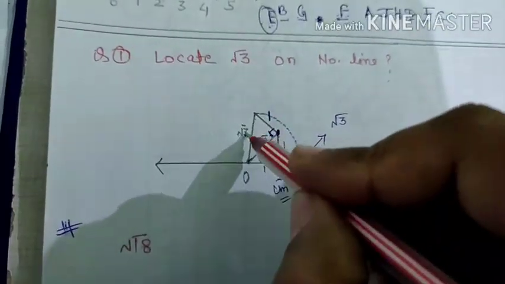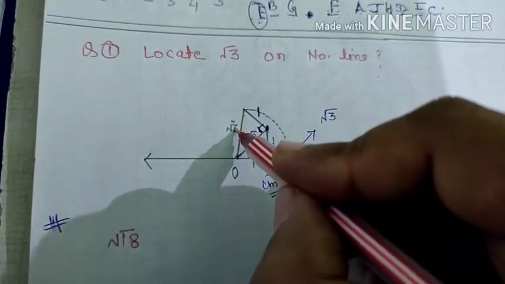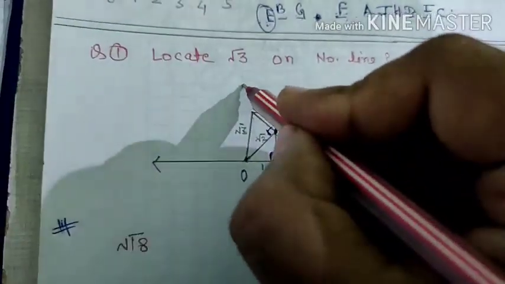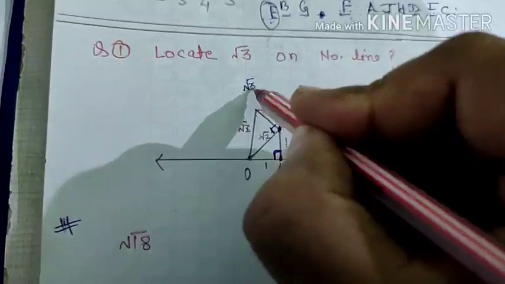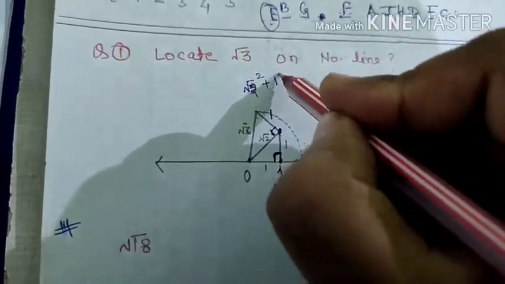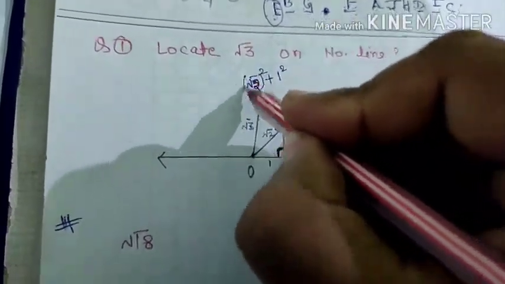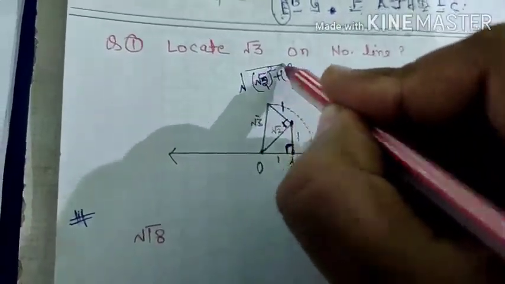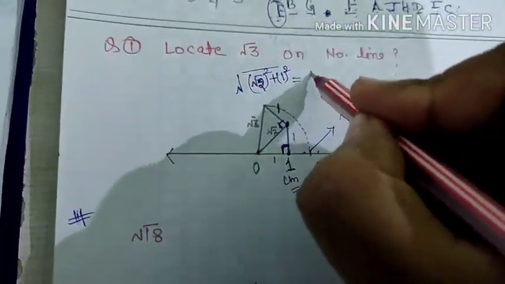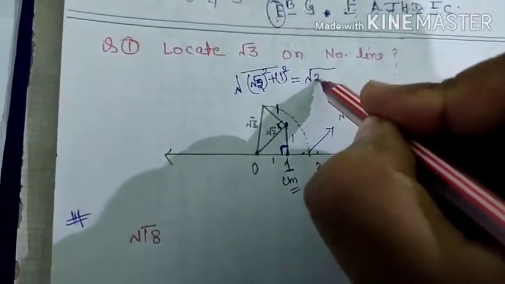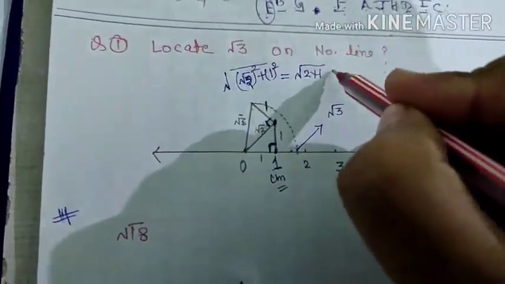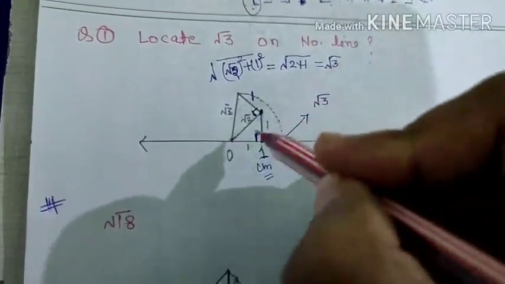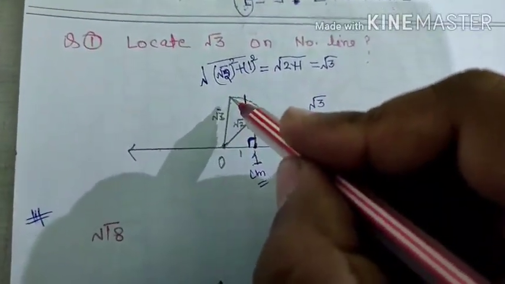So in that case it will be root 3. Why? Because root of 2 square plus 1 square will give you root of 2 plus 1, that means root 3. And now only one thing is left.